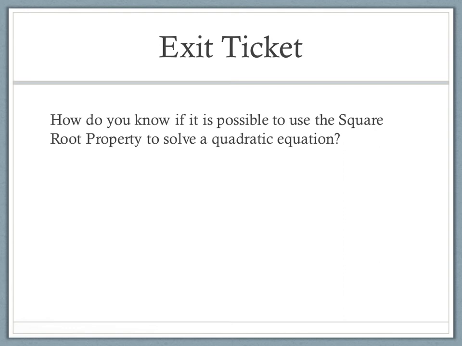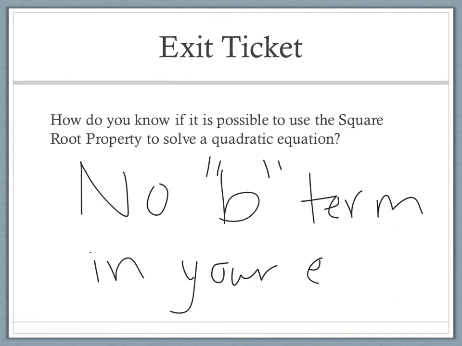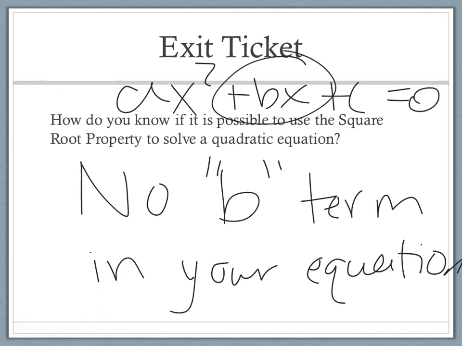So when you have no b term in your equation. And remember that the b term is the x. Remember, it's ax squared plus bx plus c. Okay, we can't have that b term. And that's the only time you can really use the square root property.